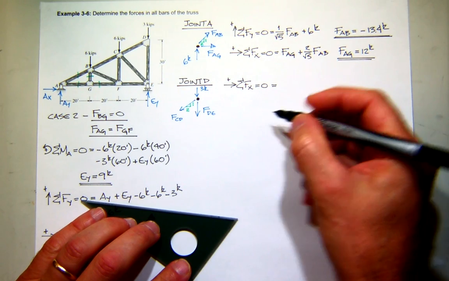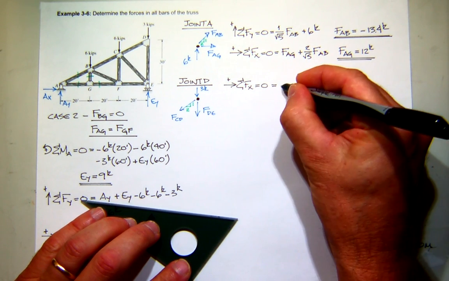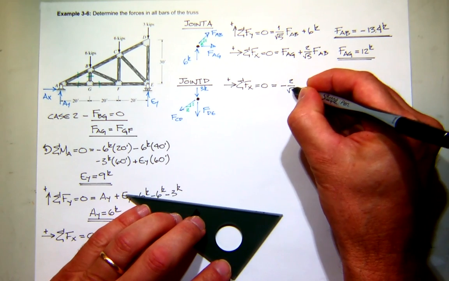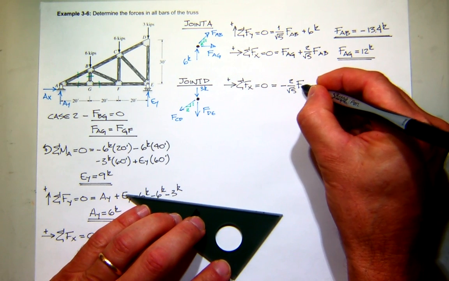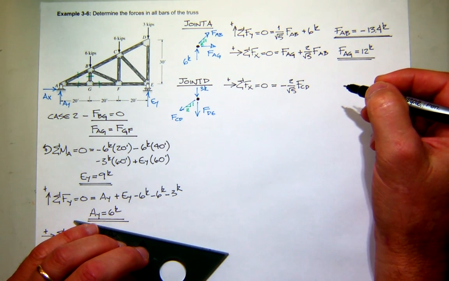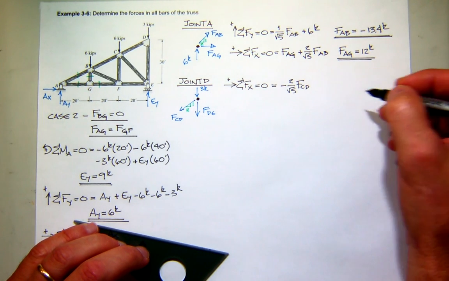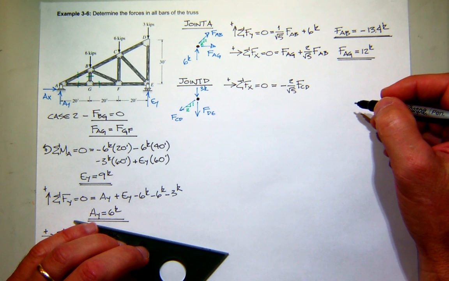So what do we have? We have the X component of CD. It's to the left, so that's negative. And it would be 2 over the square root of 5 is the X component of CD. And nothing else. So what does the force in CD have to be equal to? 0.